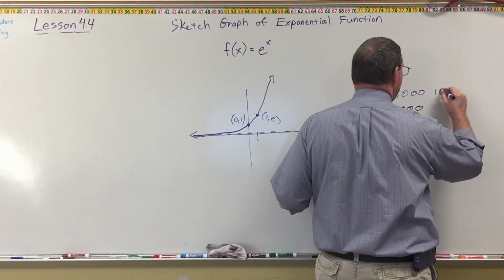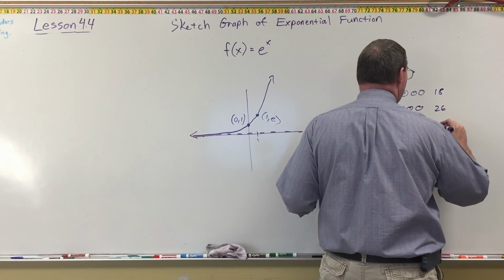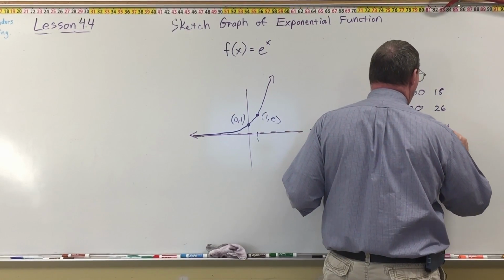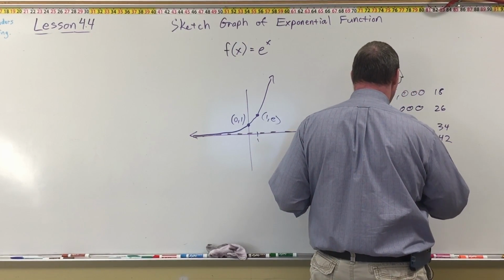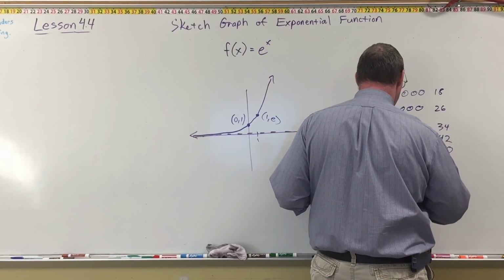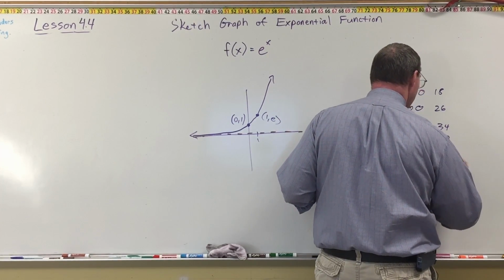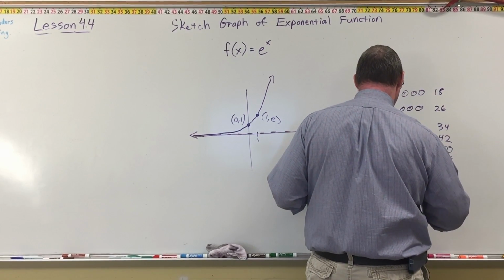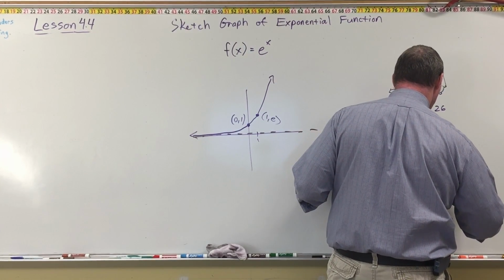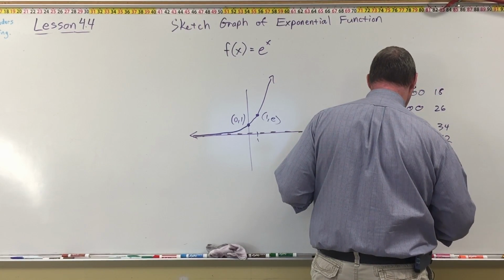Then at 34, it's 20,000. Then at 42, it's 40,000. Then when you're 50, it's 80,000. Then when you're 58, you're still working, it's 160,000. And let's say you're about ready to retire when you're 64, it's 320,000.